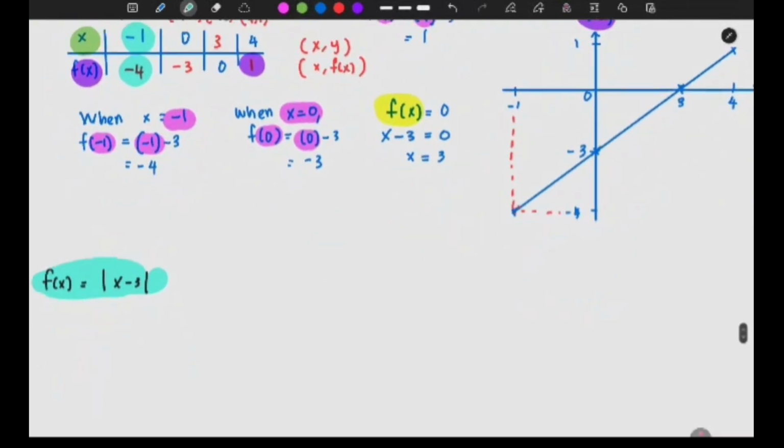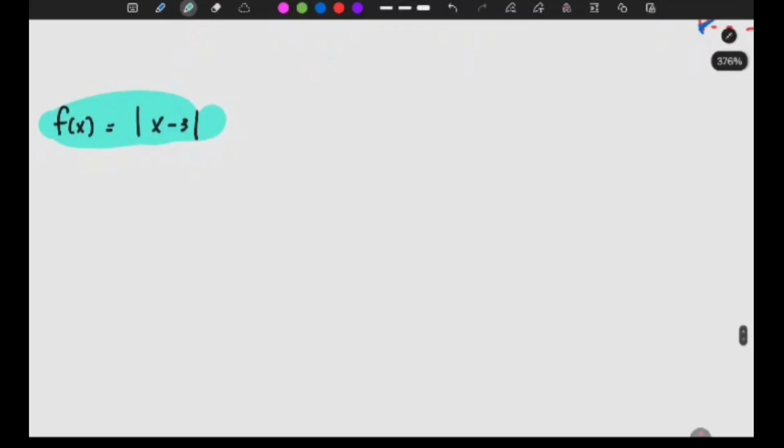Before I talk about the difference, you need to know what is modulus, right? So what is the modulus? A modulus is something that makes a number positive. No matter what number is inside, it will be positive. It's always a positive answer you have to get.